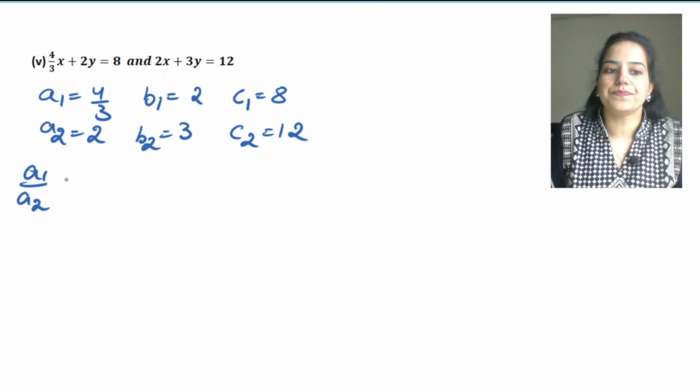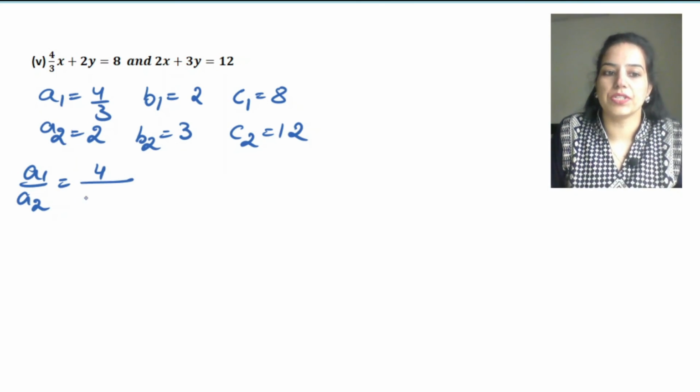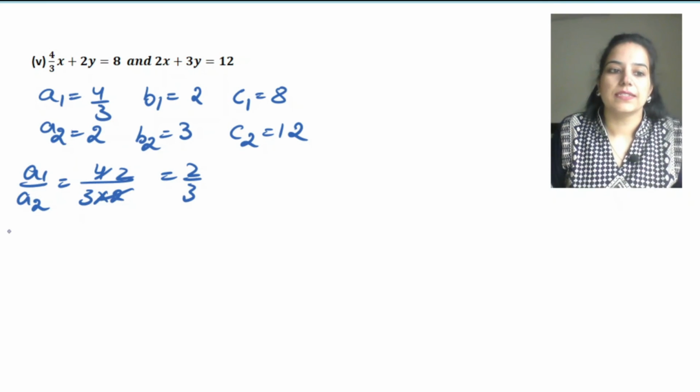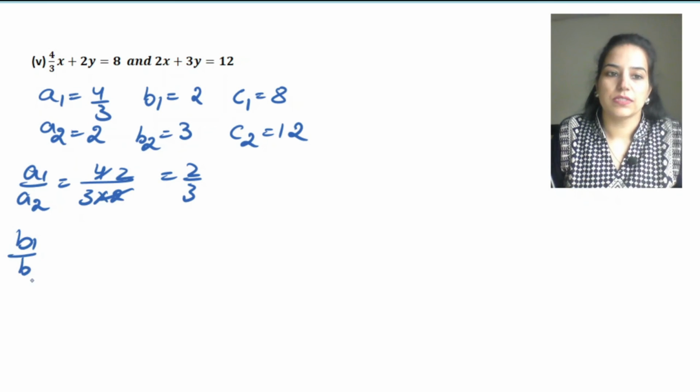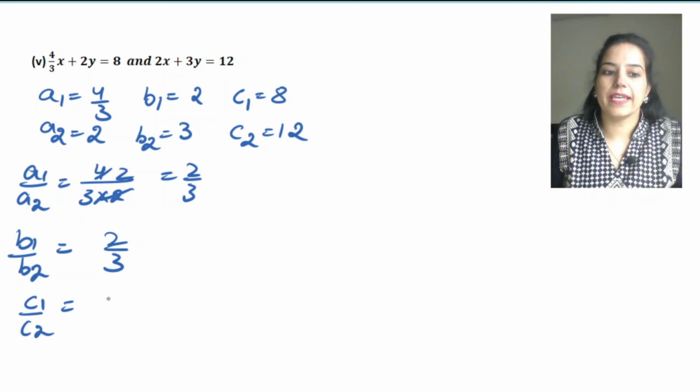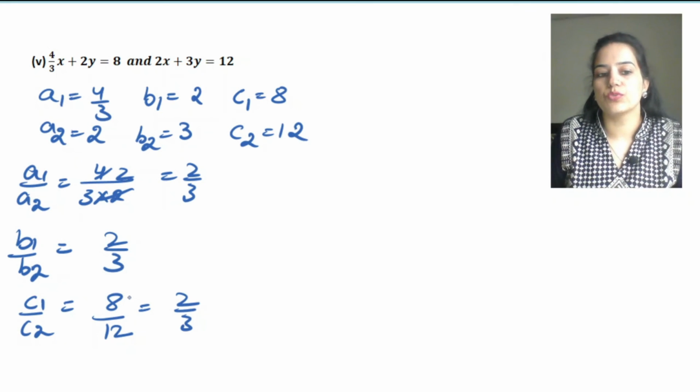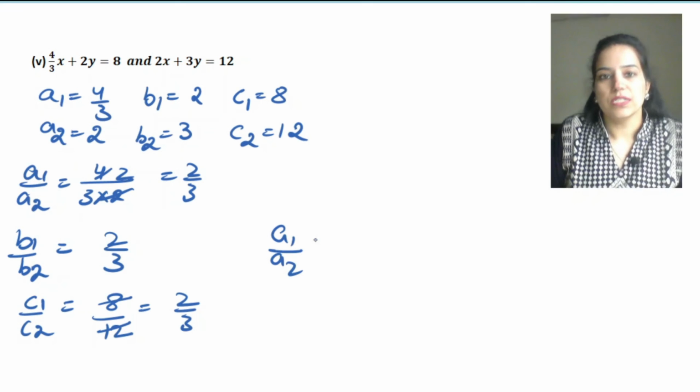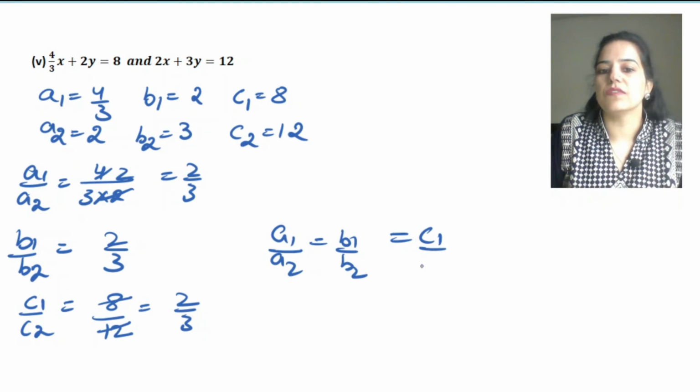A1 by A2, that is 4 by 3 and 2. You get 2 by 3. Then B1 by B2, that is 2 by 3. Simple. Then C1 by C2 is 8 by 12. That is again 2 by 3. So again A1 by A2 is equal to B1 by B2 is equal to C1 by C2.